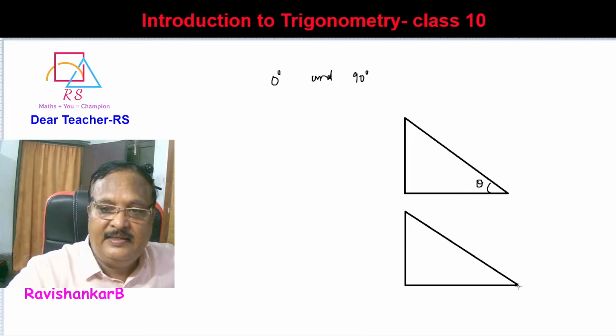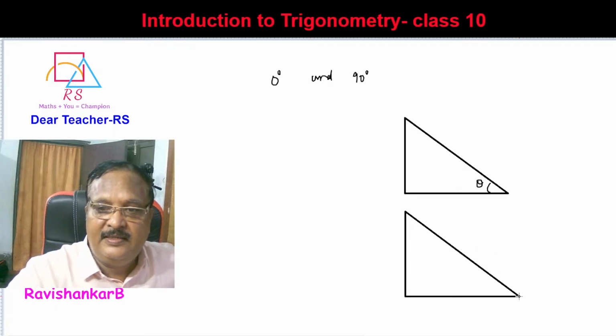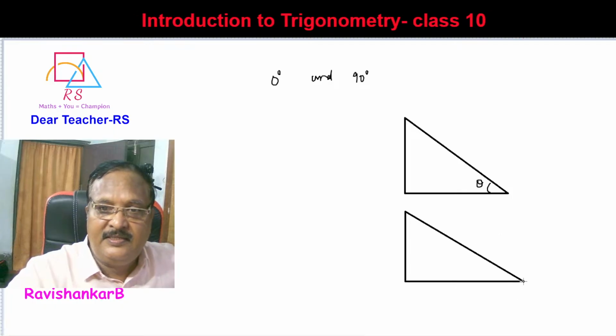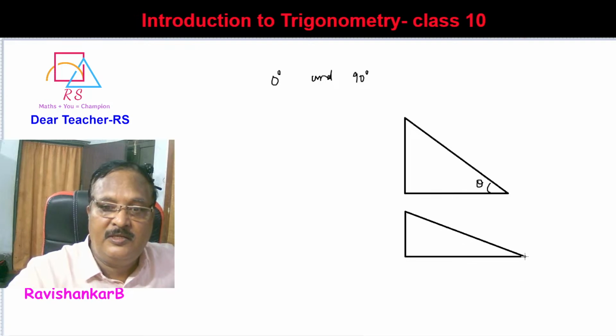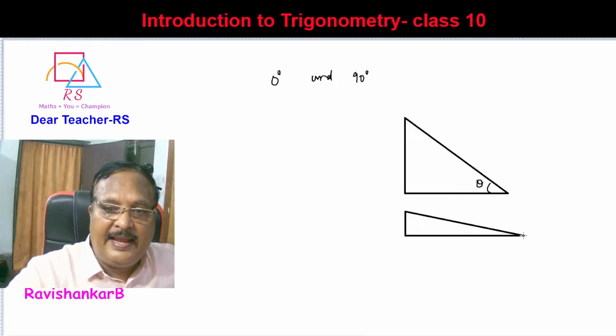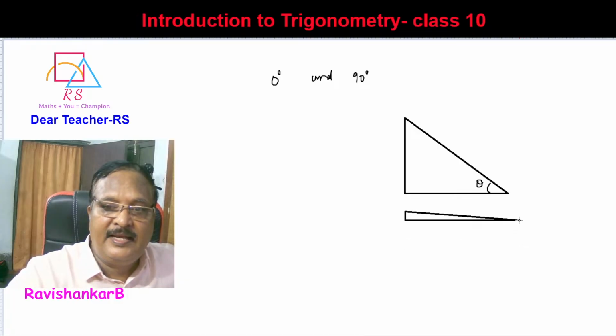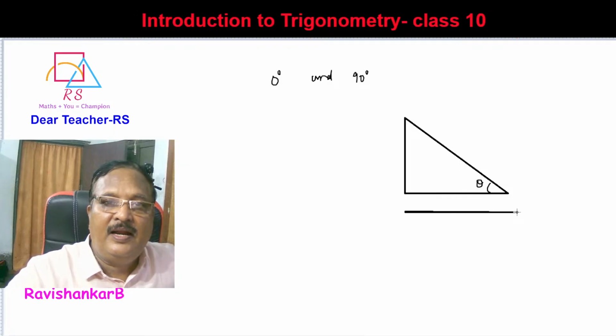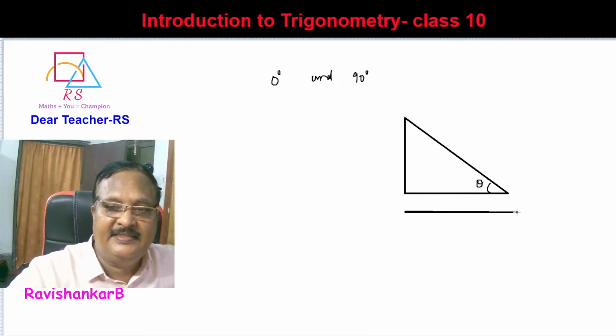Again, see, now I am reducing the angle theta, so automatically the opposite side becomes smaller and smaller, and the angle is also becoming small. At 0 degrees, the opposite side is 0 and the hypotenuse is coinciding with the base.